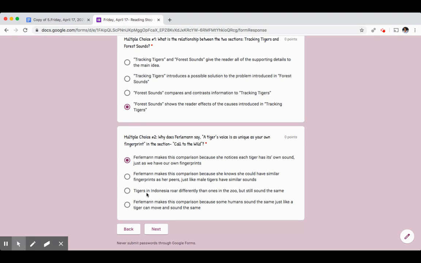This section was not talking at all about tigers in Indonesia, so C would not be connected to the section Call to the Wild. And D talks about humans' sound, but again, the comparison was between human fingerprint and tiger sounds, not human sounds. So the correct answer choice here is A.